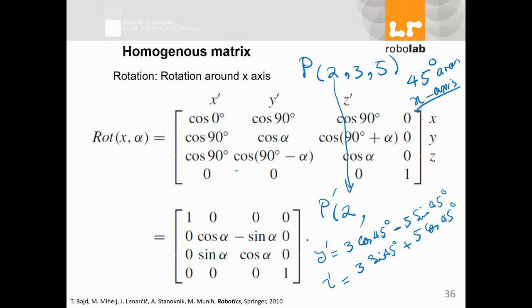After rotation, y will be negative. That makes sense. Negative 1.4, and z will be positive 5.66.